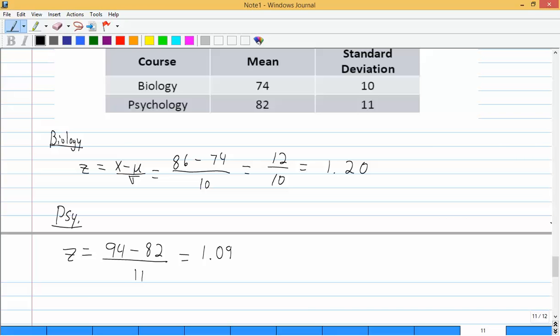So what that means is, on the biology test, we scored 1.2 standard deviations above the mean. And on the psychology test, we scored 1.09 standard deviations above the mean.